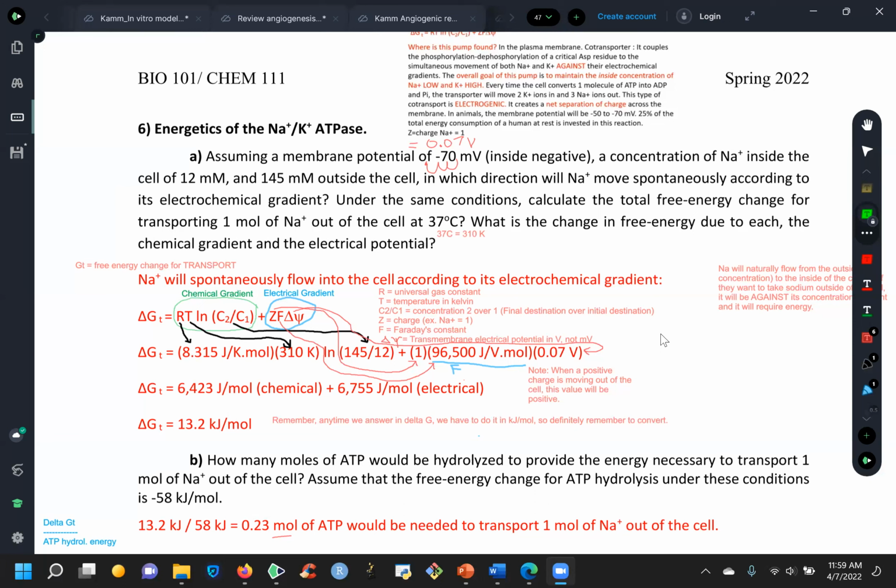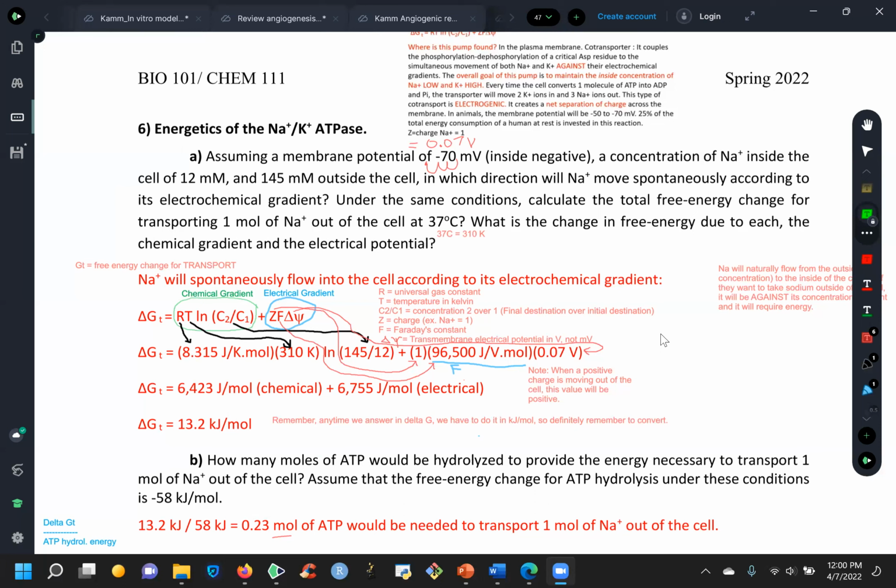Let's go ahead and fill that in. 96,500 joules per volt. Now Z. What was our Z? 1, because our sodium that we're moving has a +1 charge. Okay, so we're done with our electrical gradient stuff.